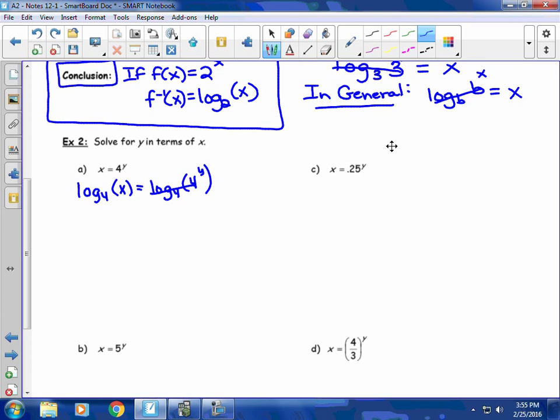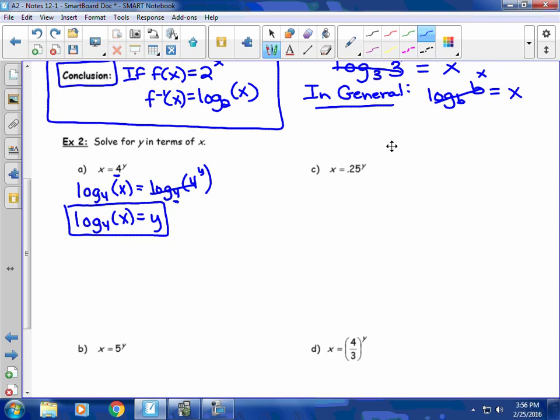Log base 4 and the 4 cancel. So I have log base 4 of x equals y. And now I've solved for y in terms of x. So to get y out of the exponent, you take the log of both sides. We're always going to use the same base to get rid of that exponent.